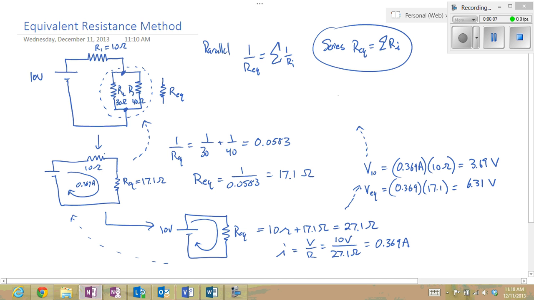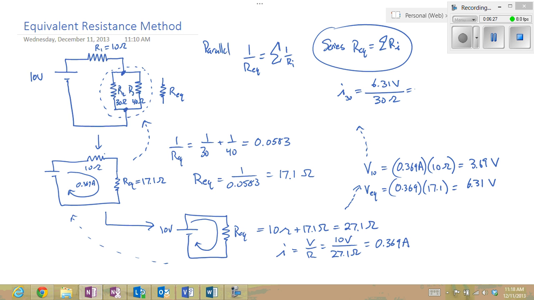So the current flowing through the 30 ohm resistor is going to equal the voltage drop, 6.31 volts dropping across 30 ohms, which gives me a current flowing there of 0.21 amps.